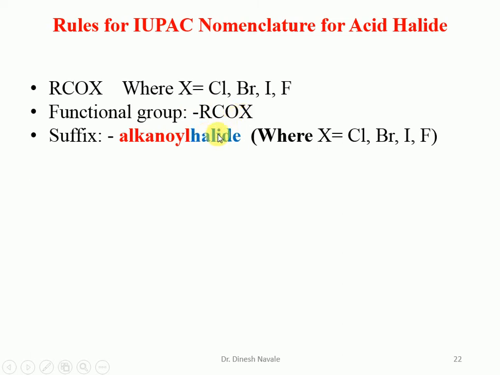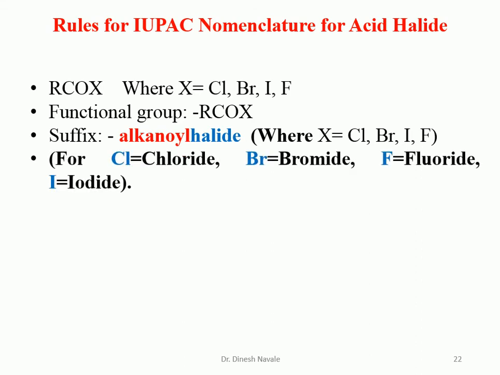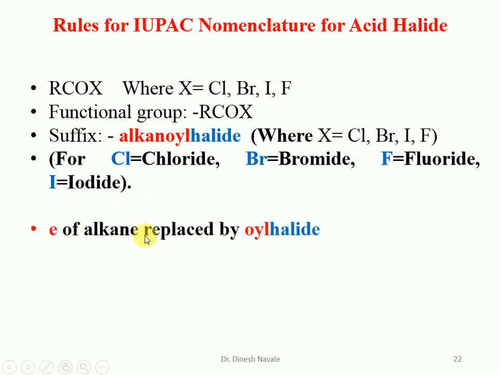The halide can be chlorine, bromine, iodine or fluorine. In case of chlorine, it is chloride. For fluorine, it is fluoride. For bromine, it is bromide. And for iodine, it is iodide. These halide names are given as the suffix. So the E of the alkane will be replaced by oyl halide.